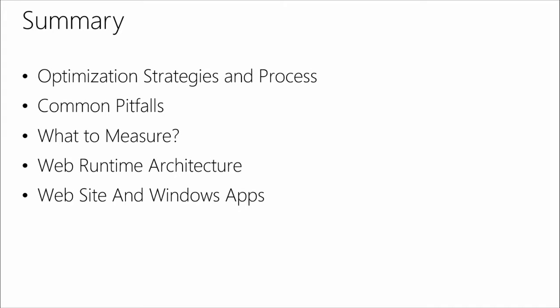Okay, so in summary, we talked about quite a few things in this module. We talked about the right way to attack your problem. You wouldn't expect me to tell you just exactly ABC, but you could use this optimization and development process to go through your code and resolve your problem, and make sure it fits very naturally into your development cycle.